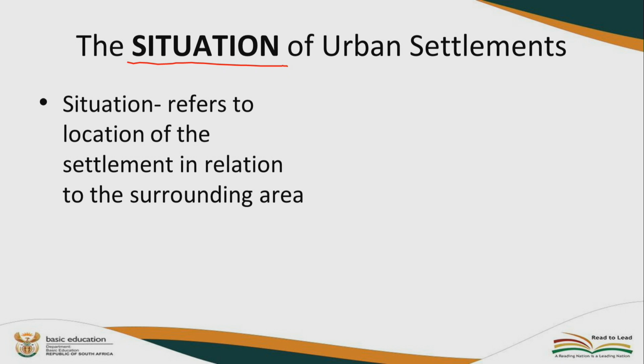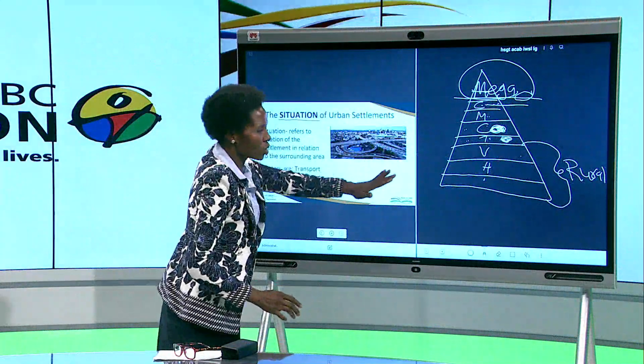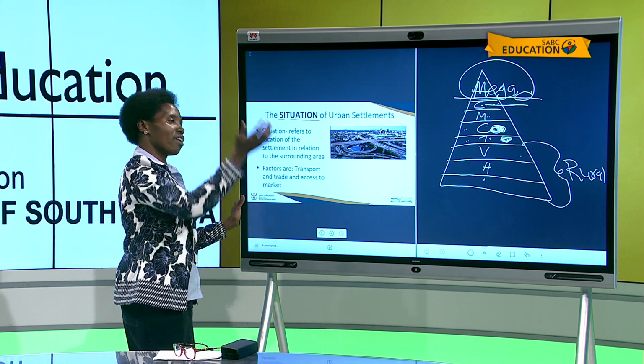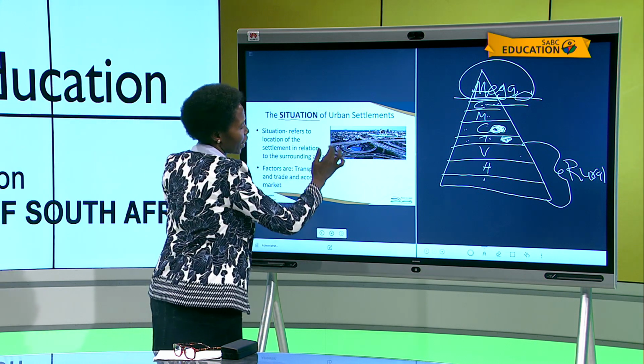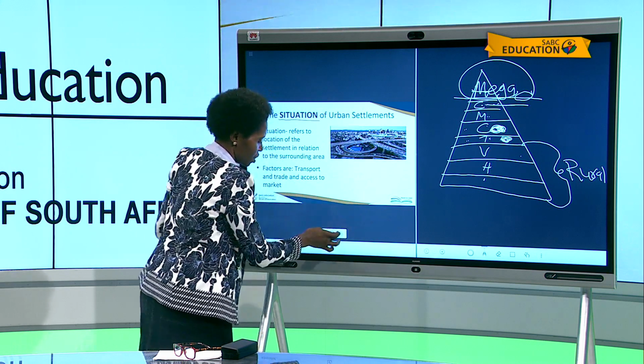You are looking at transportation, transport and trade. Is this place accessible? Are you going to be able to move from point A to point B? That is why I gave you this diagram showing you the roads, that it's easily accessible. That's the situation. How does situation differ from site? Site, we look at physical factors. But when we look at situation, we are looking at things that are already existing.